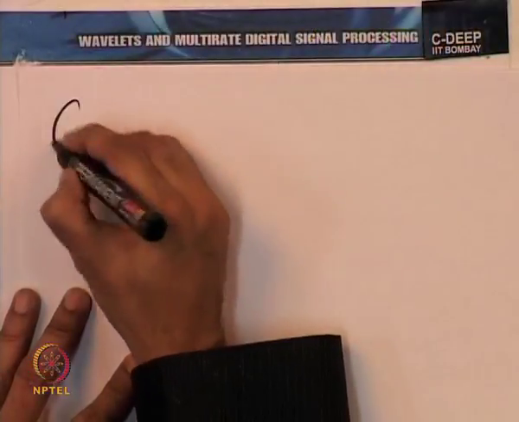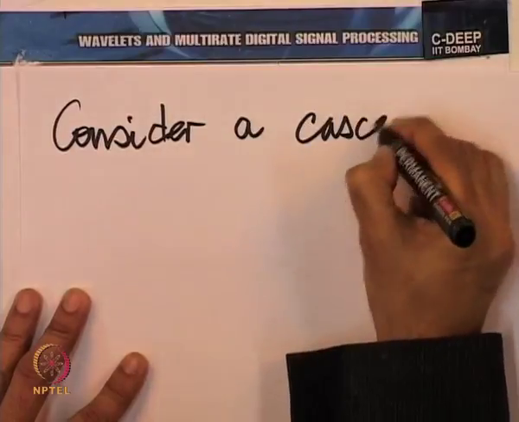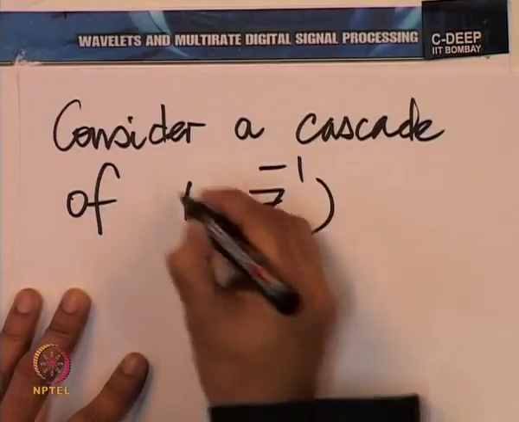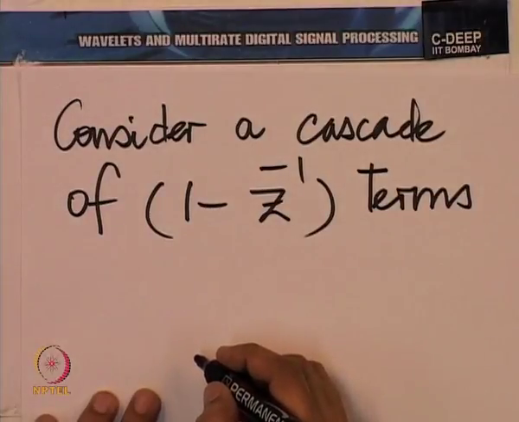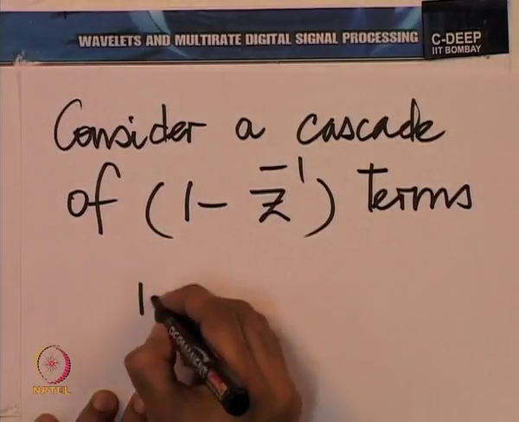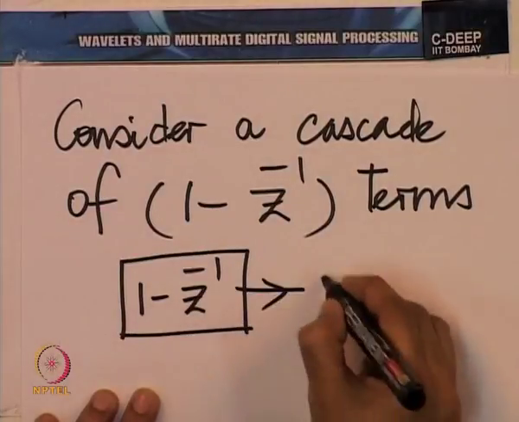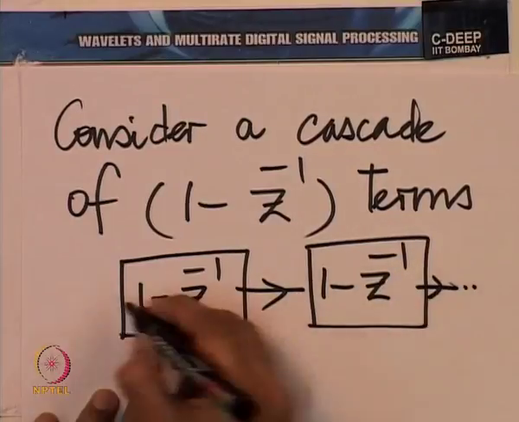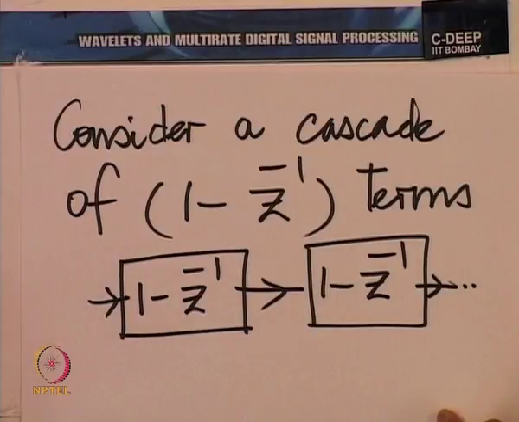So, we will consider a cascade of 1 minus z inverse terms. So, you have a system like this: 1 minus z inverse fed into 1 minus z inverse and so on. We shall now prove a very simple and a very elegant result.